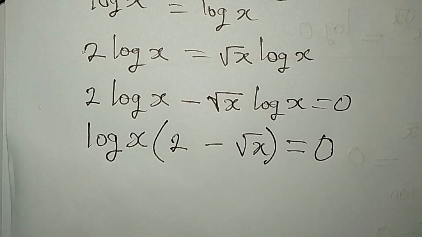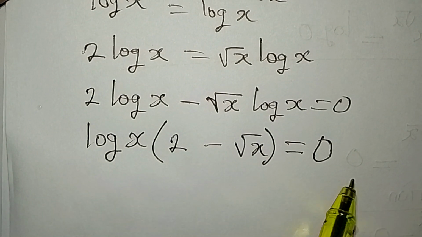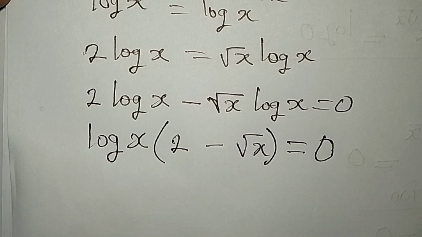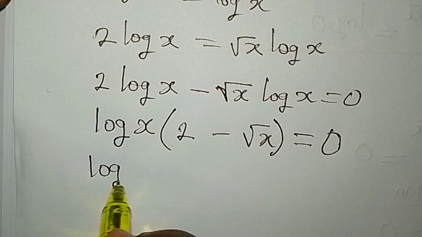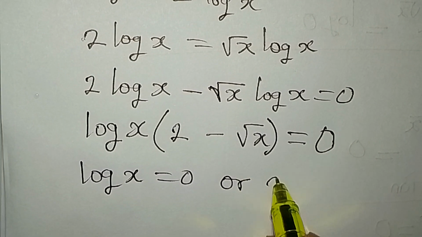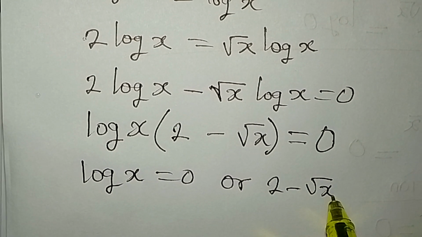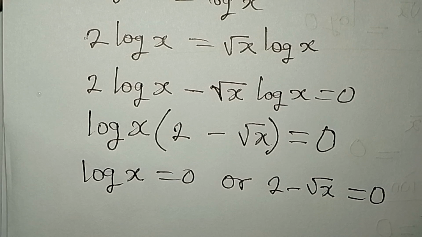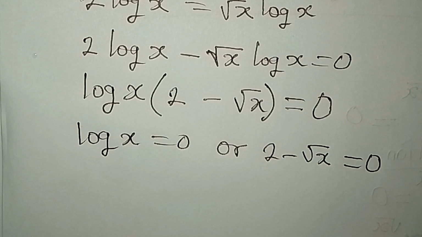Okay, so from here now we have 2 terms to multiply to get 0. So we can say it is either log x is equal to 0 or 2 minus root x is equal to 0. Okay, so now we are getting 2 solutions.